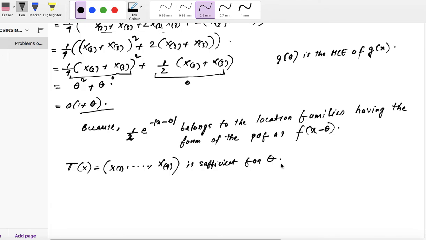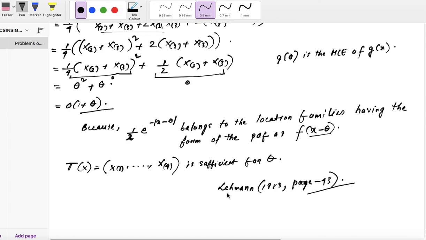If you want to see the proof that for the location family the order statistics is sufficient for theta, you can refer to the book by Lehmann, published in the year 1983, page 43.